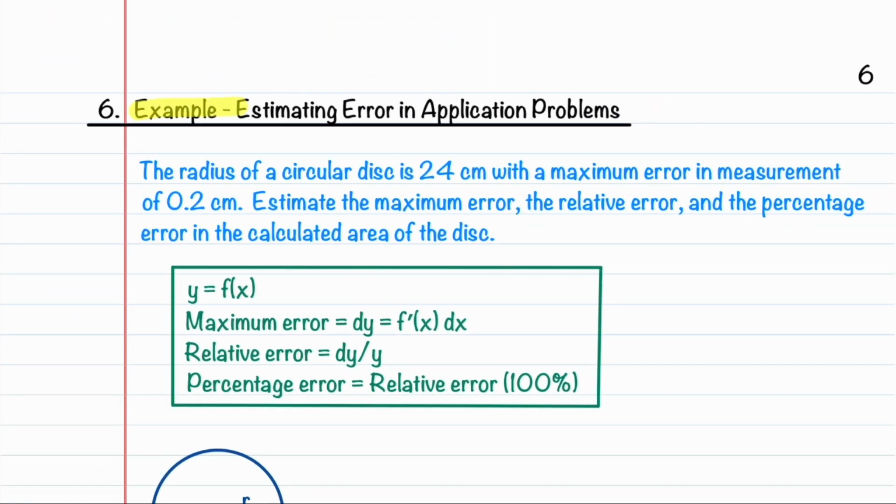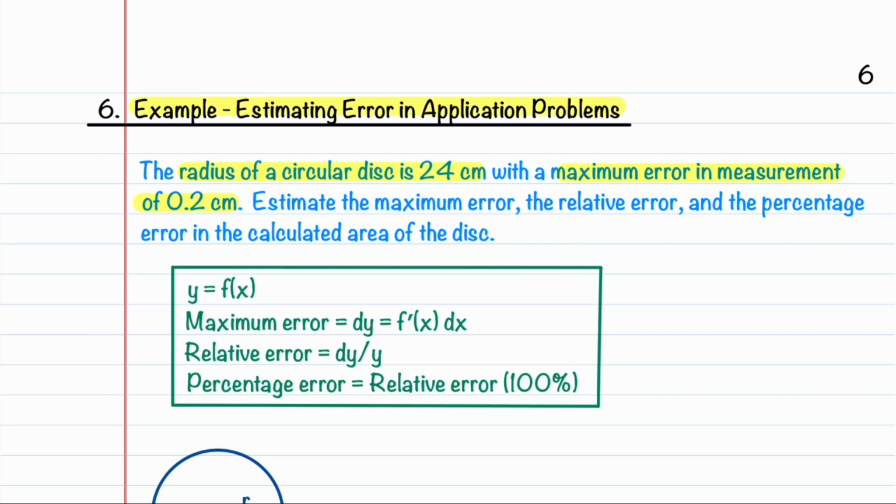Let's now look at an application example where we're going to find some error estimates. We're told that the radius of a circular disc is 24 centimeters, and it has a maximum error in measurement of 0.2 centimeters.